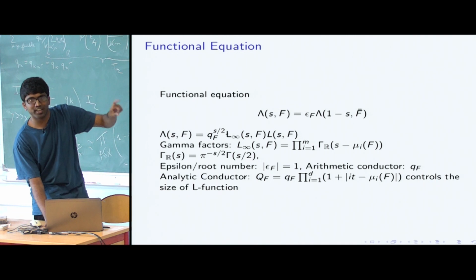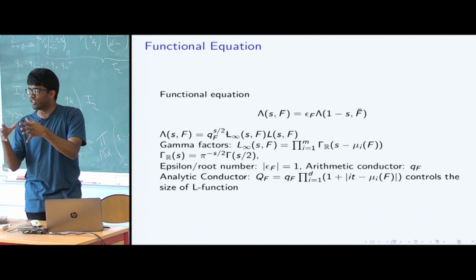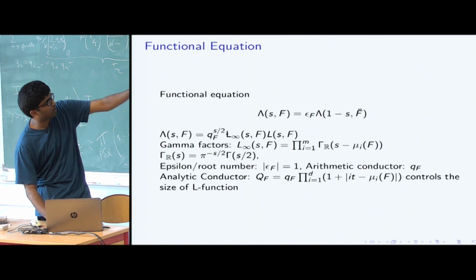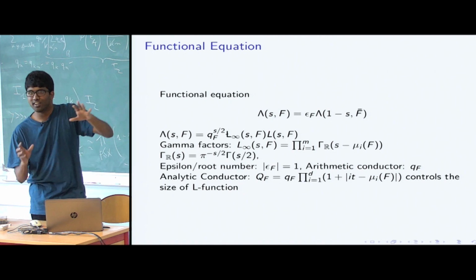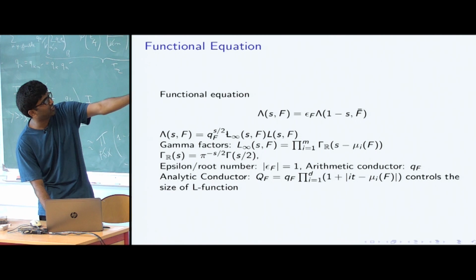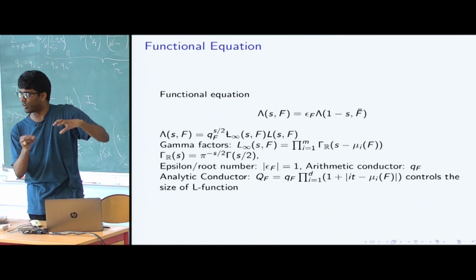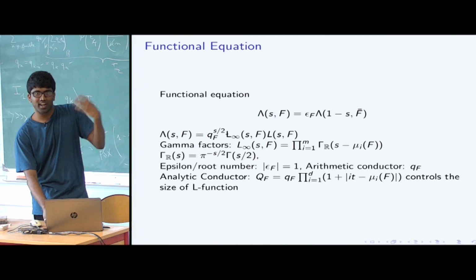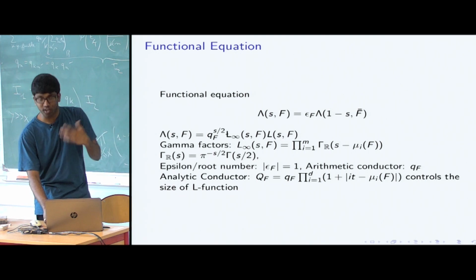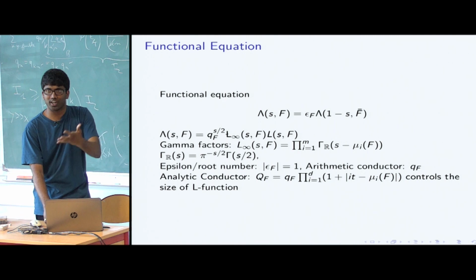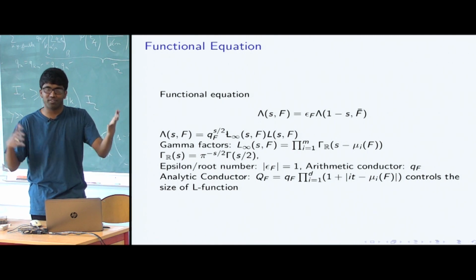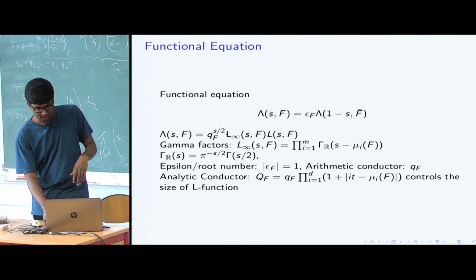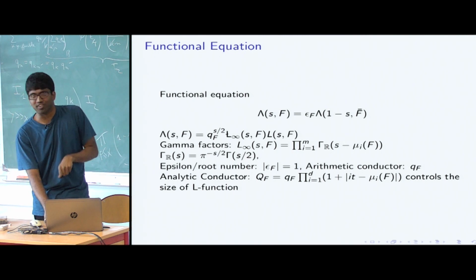You put them all together and create a single object called the analytic conductor, which involves q_f, t, and mu_f. All these are parameters related to the L function. The analytic conductor controls the size of the L function. So if you want to understand how big an L function is, for different kinds of L functions, the analytic conductor tells you.